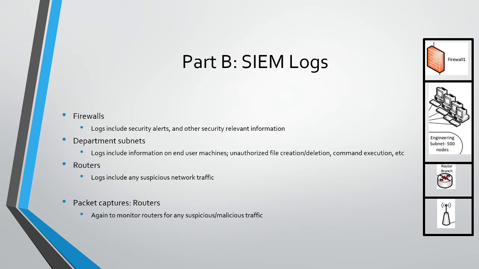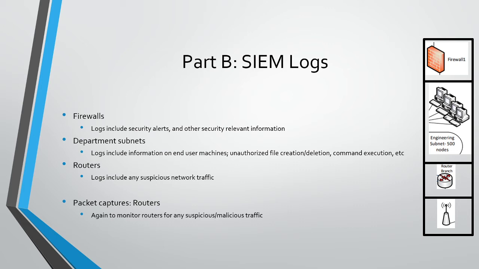Again, very valuable information can be logged here regarding the end user machines, such as unauthorized file creation, if someone's floating around in the machine creating files, that could be an issue. File deletion as well. Command execution could be logged to see if there's, for example, any SQL injection or those types of attacks going on on the end user's machine.